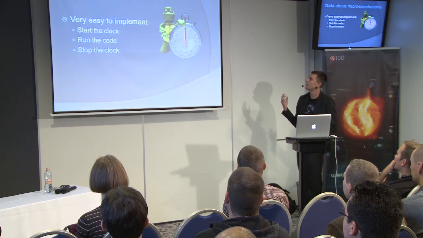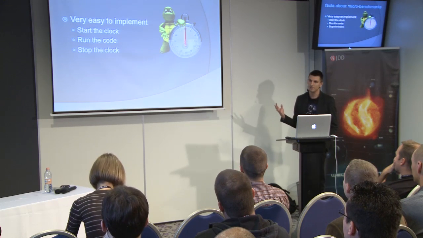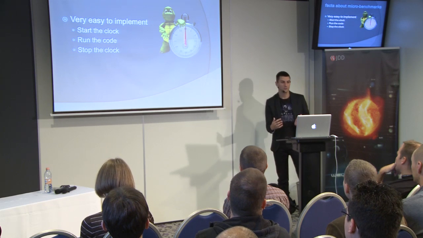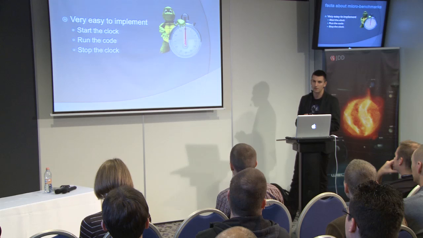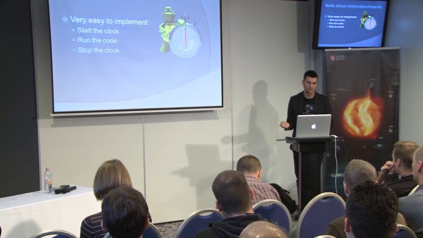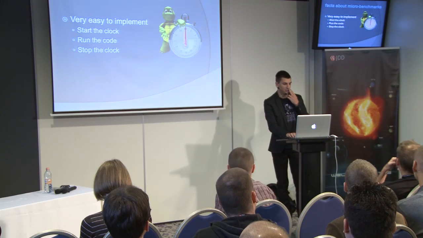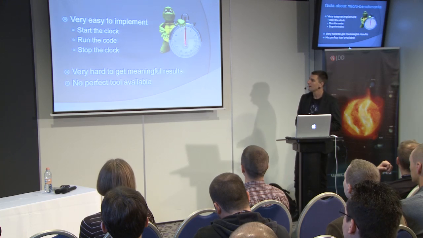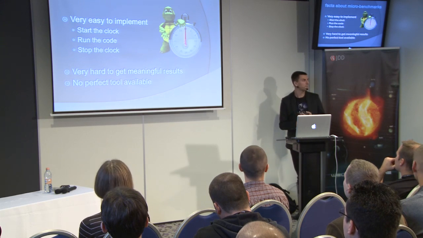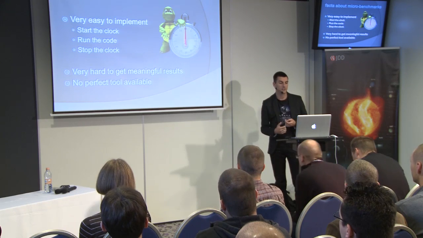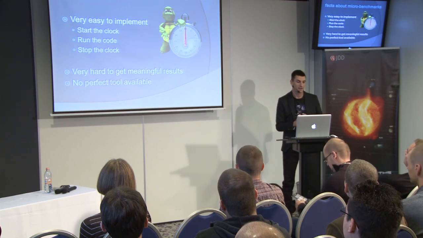It seems that microbenchmarks are very easy. You just start the clock, execute some code that we want to measure, and then stop the clock. After subtraction, we will get our result. But there is always a but, and the same but we can find in microbenchmarks. It's very easy to get fooled by microbenchmarks, and it's hard to get meaningful results.